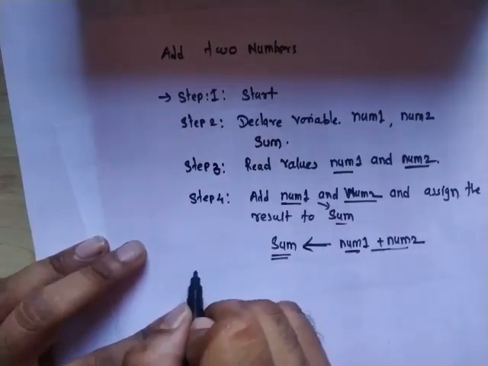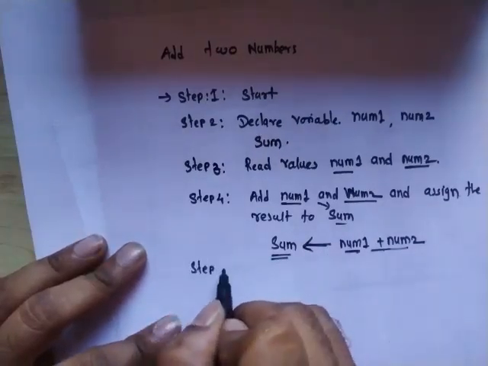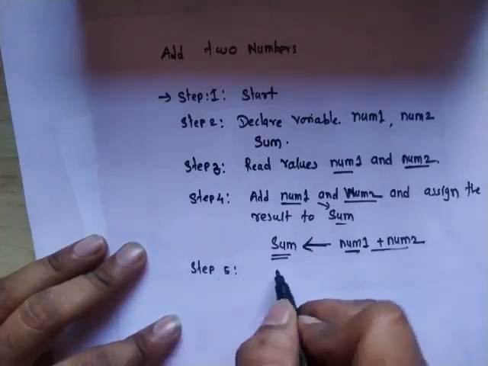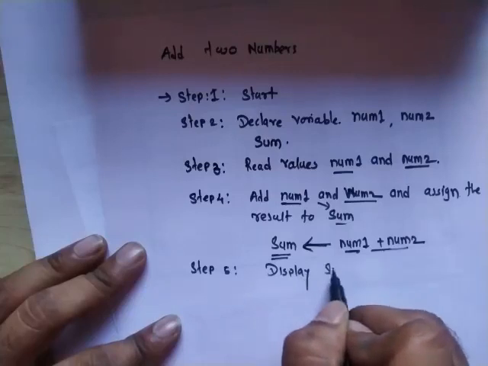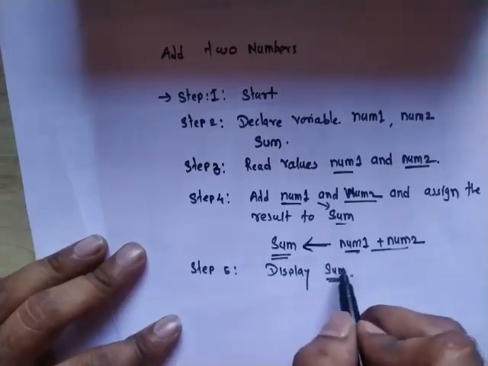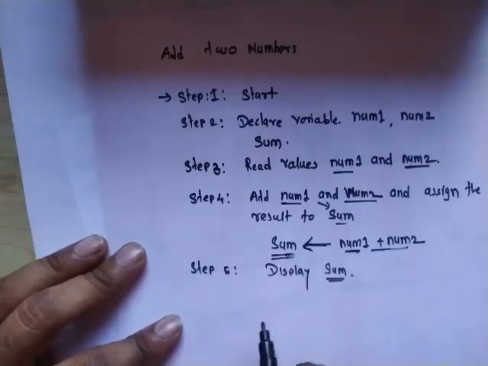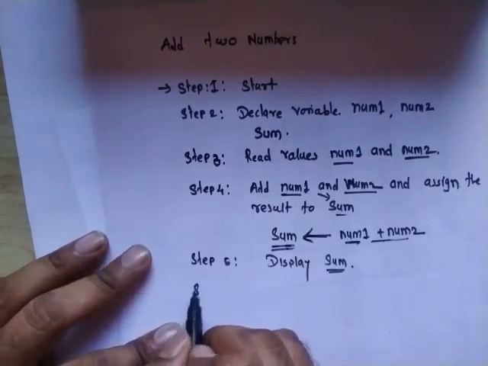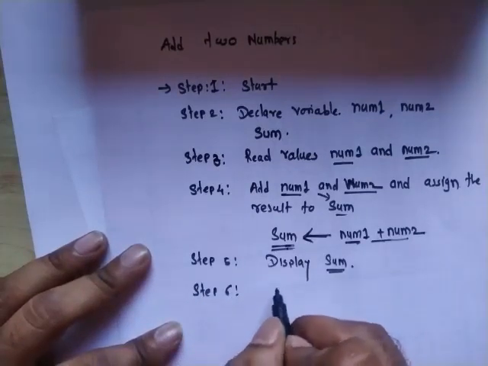The next step, step 5, display sum. Whatever result we collected in the variable sum, we display here. And the last step, step 6, is stop.